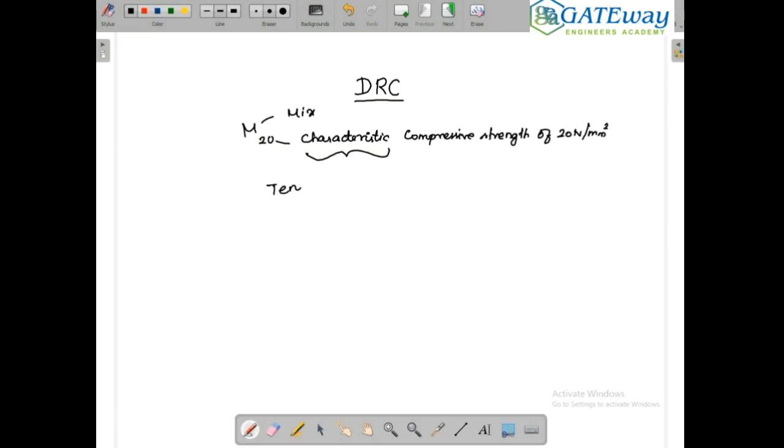Then the tensile strength of concrete is 1/10 of the compressive strength. That is, 1/10 of 20 equal to 2 Newton per mm square.